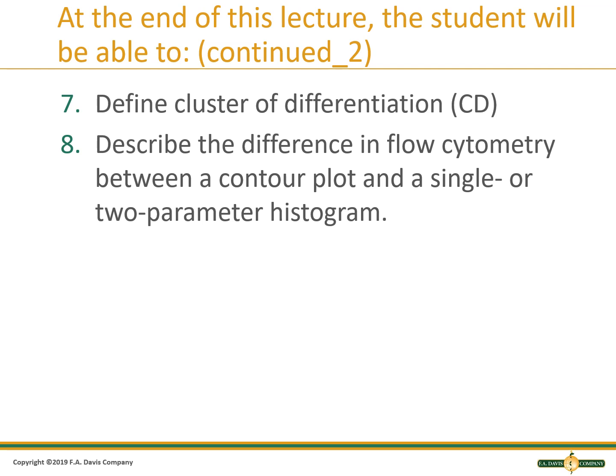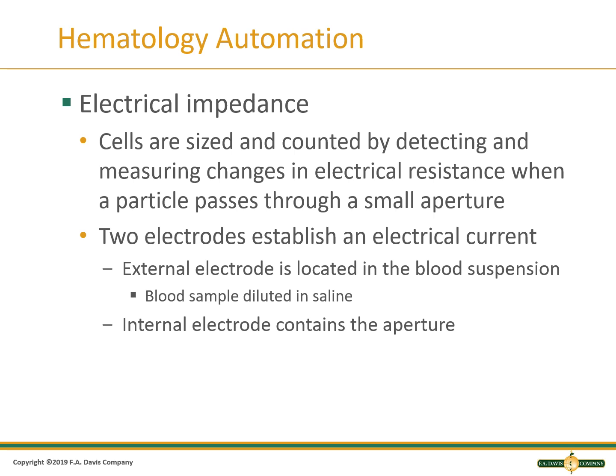parameter histogram. When it comes to hematology automation or hematology instruments, there are different ways that the results are determined. The first one we're going to talk about is electrical impedance.